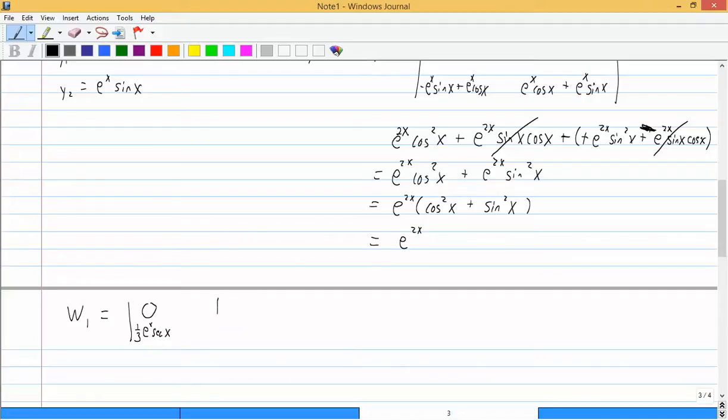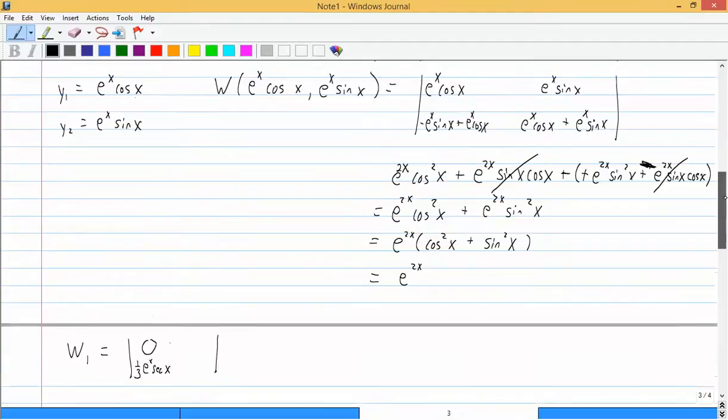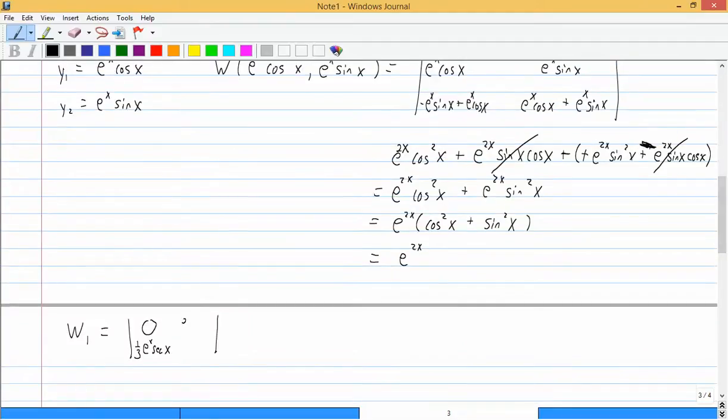And then in the second column, I write my y sub 2 and its derivative. My y sub 2 was e to the x sine x. So below it, I write its derivative.